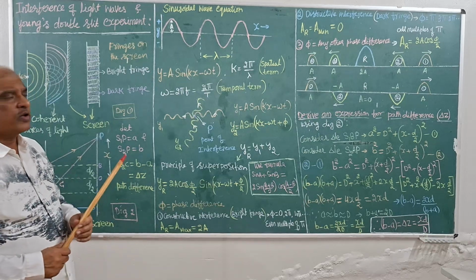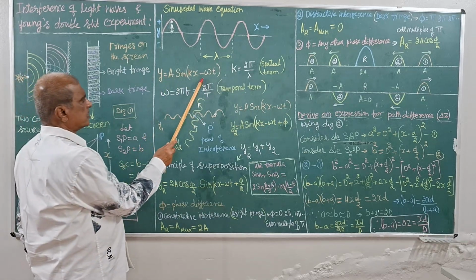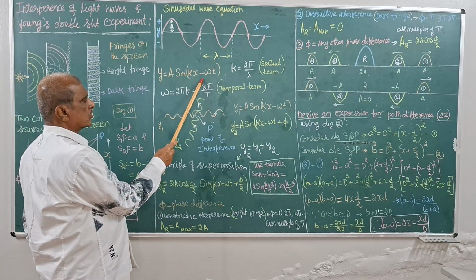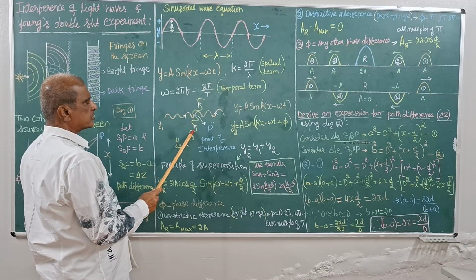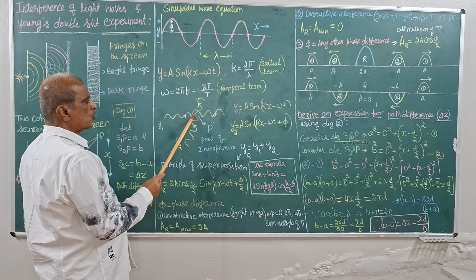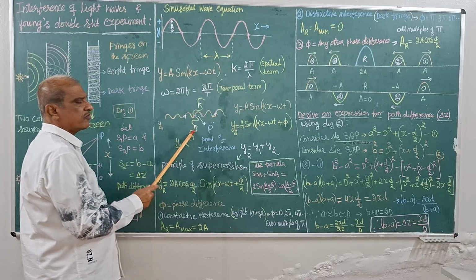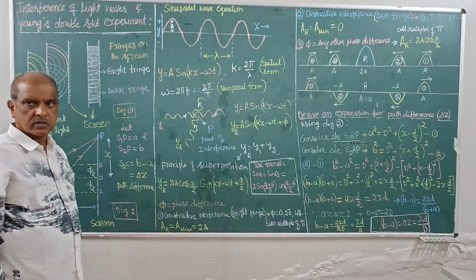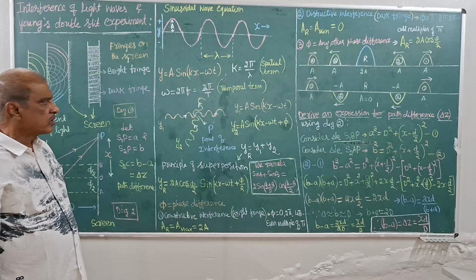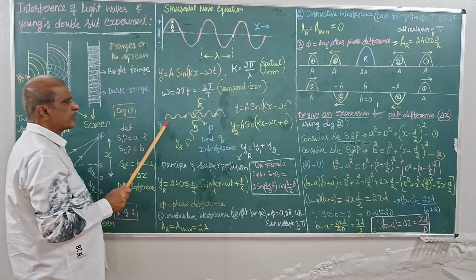Any sinusoidal wave is given by this equation. Now there are two equations. There are two waves, and the two waves are coherent waves, that is, same wavelength, same frequency, same amplitude as well.